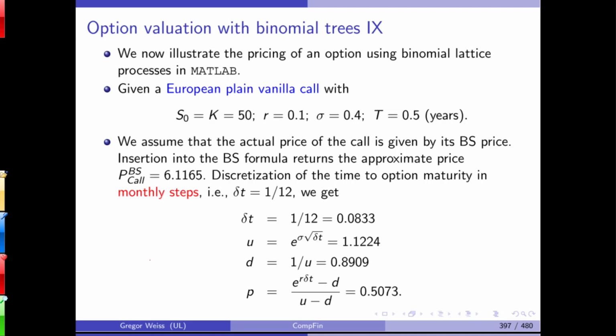So the Black-Scholes price in this case is given by 6.1165, and we discretize our option maturity in monthly steps. That is, delta t is 1/12. We then get delta t, that's a given, u and d can be calculated here, and we get the pseudo risk-neutral probability being equal to 50.73%.